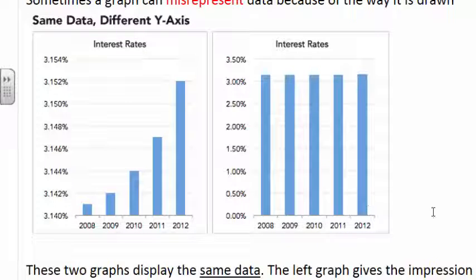If you look carefully, you will find that this is the interest rate on the left side, and on the horizontal axis are the years 2008, 2009, 2010, 2011, and 2012. Let's see the left side and the right side. Really, both of them are the same, but we see there is a difference, and I will tell you why.